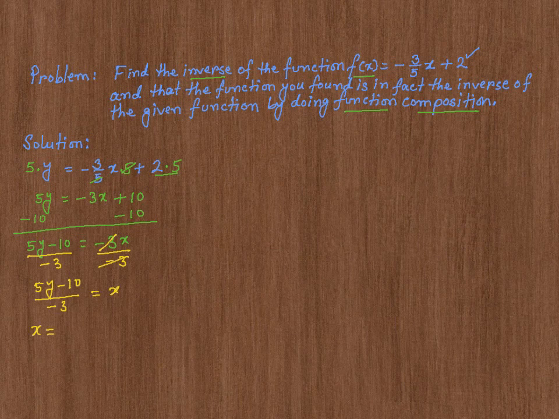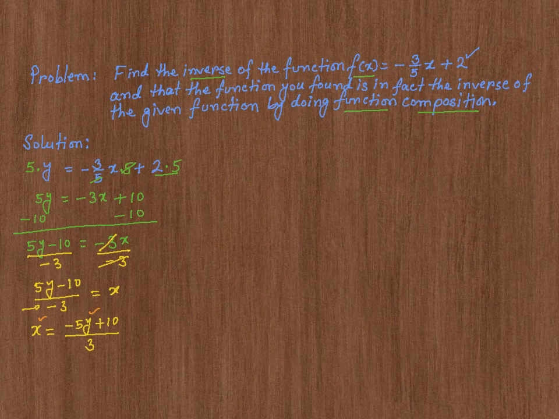Now there is a negative 3 in the denominator here. I'm just going to multiply the numerator and denominator by negative 1 to get negative 5y plus 10 on the top, and on the bottom is just 3. Now at this point, in order to find the inverse function, we actually switch the x's and y's. So this y is going to become x and this x is going to become y.